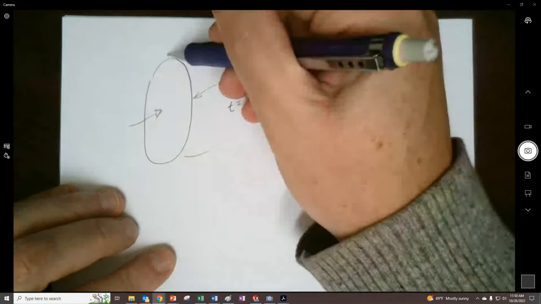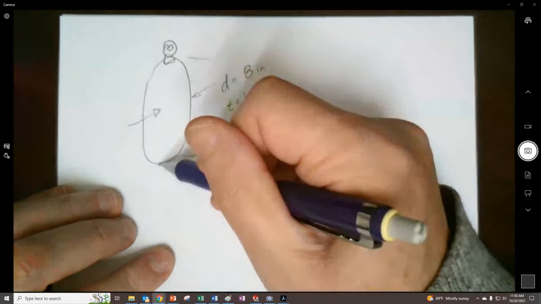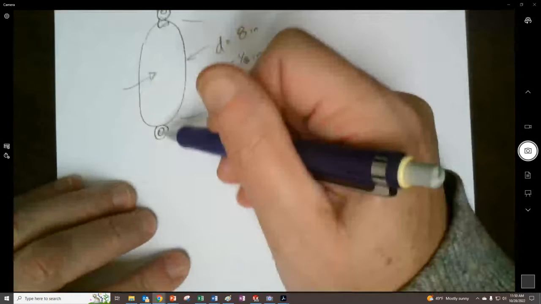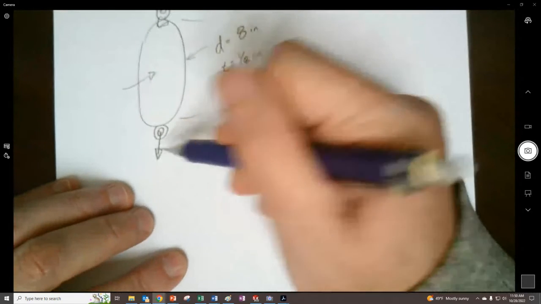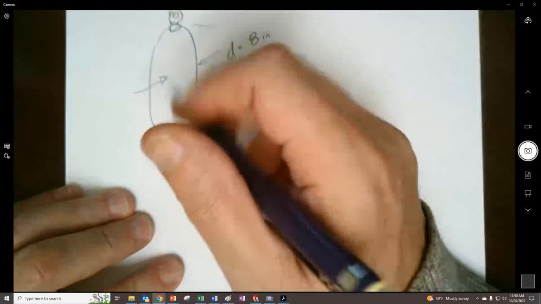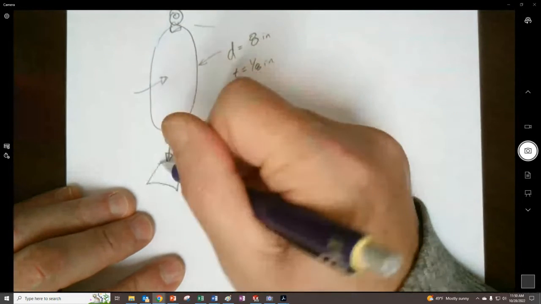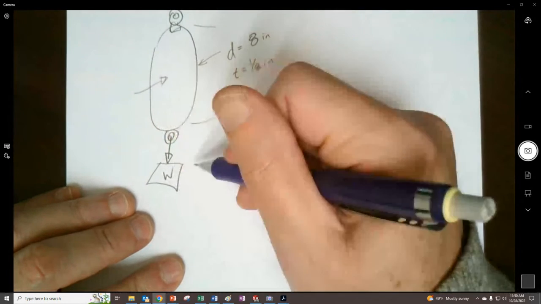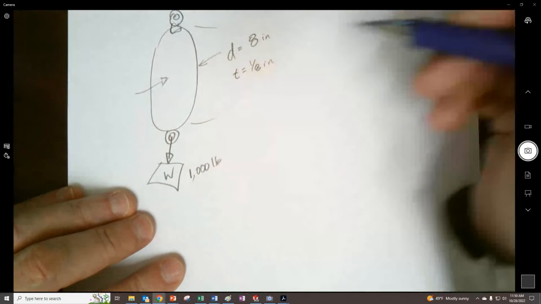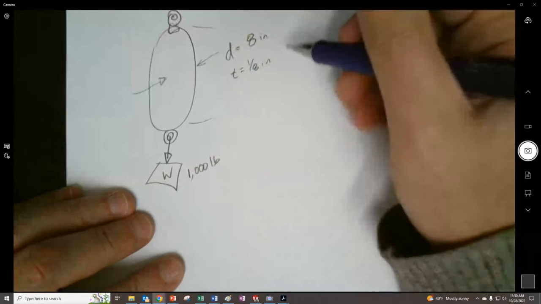And let's say that some maniac, for some reason, has decided to hang it from the rafters, and then suspend some kind of load on it that weighs, I don't know, 1,000 pounds, just to give us some extra weight onto the thing.